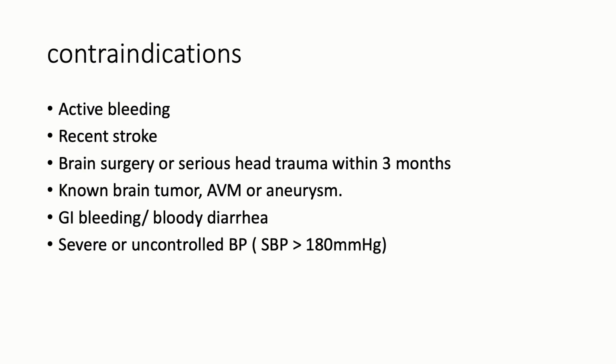Number one, you shouldn't give clot buster medication to someone who's actively hemorrhaging. Number two, patients with history of recent ischemic strokes have a high risk for hemorrhagic conversion, so they're typically contraindicated for TPA administration.